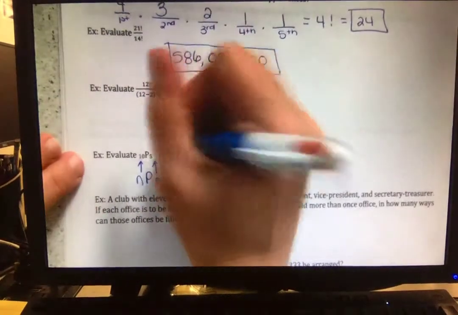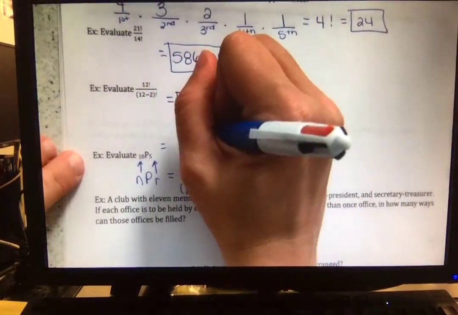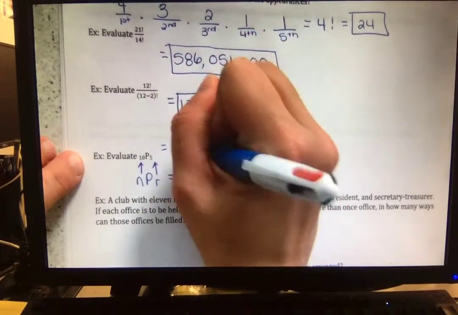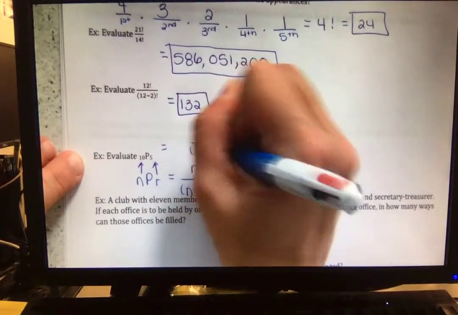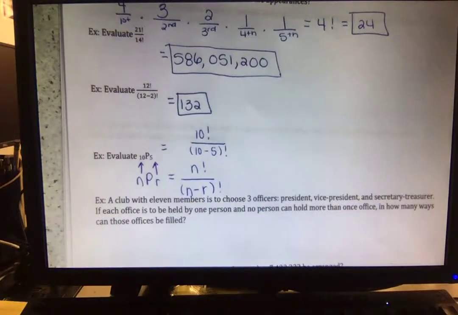So in our formula, we're going to plug in. Wherever we see an n, we're going to put 10, and wherever we see an r, we're going to put 5. So 10 factorial divided by 10 minus 5 factorial.